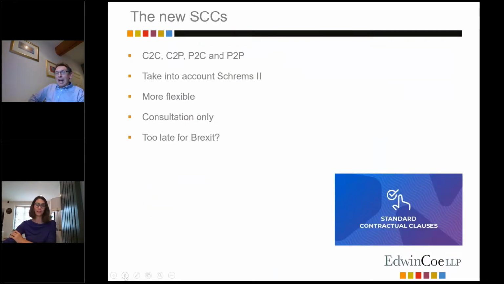I suppose the real drawback is they've come a little bit too late. They've been published for the purposes of consultation. It is a short consultation. I think the consultation expires at the end of this week, and the idea is that all being well, those standard contractual clauses will become law at the beginning of next year, and you'd certainly expect the UK government to adopt those standard contractual clauses, assuming the European Commission does.